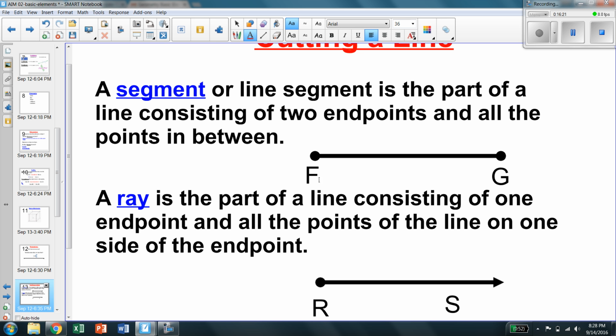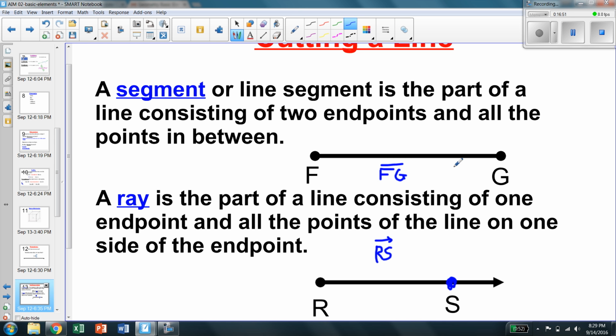Now when you label a ray, you always want to start with the endpoint, and then go to the other point that's not the endpoint. So this would be ray RS, and we draw it just like a little ray above. This one would be segment FG, and we put a little segment above it, so we know we're talking about segment FG.